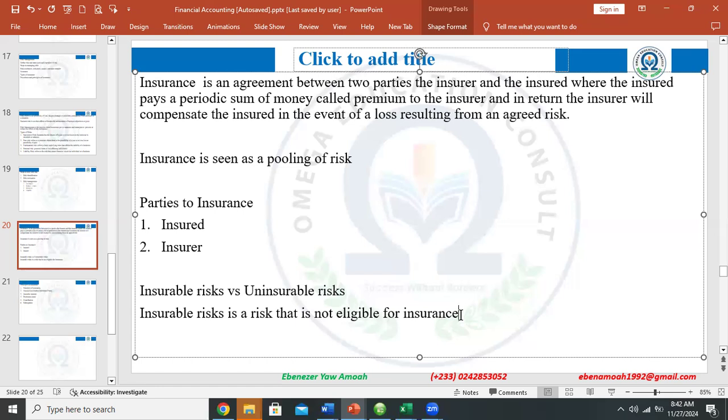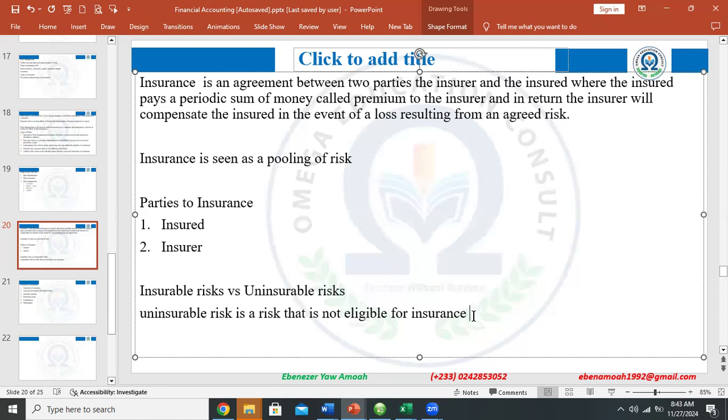I said an uninsurable risk is what we're looking at. It's a risk that is not eligible for insurance, probably because, one, the level of uncertainty is very high, right?